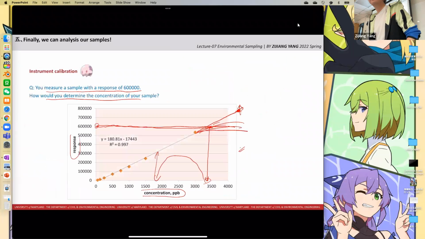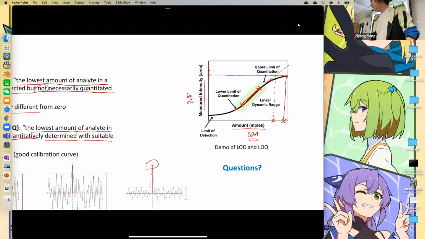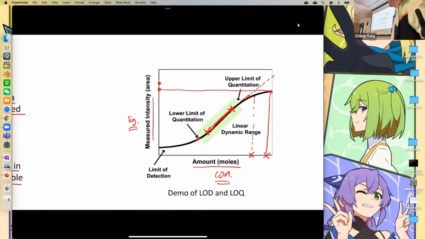You mean this one? Yeah, but I guess for a given element, say iron, would it always start to level off and become nonlinear at the same point? Yes. When it gets to a very high level, it will ultimately become nonlinear.